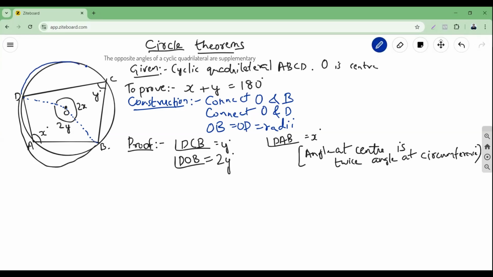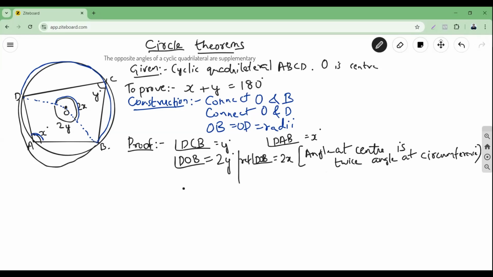So this arc is subtending an angle of x at the circumference, which means at the center it will subtend an angle of 2x. So I can write that the other, reflex angle DOB will be 2x. Reflex angle DOB, right? So these are the two things we know.